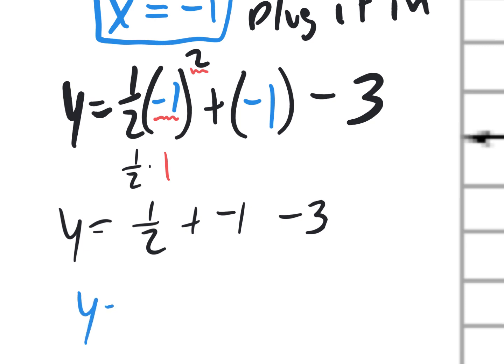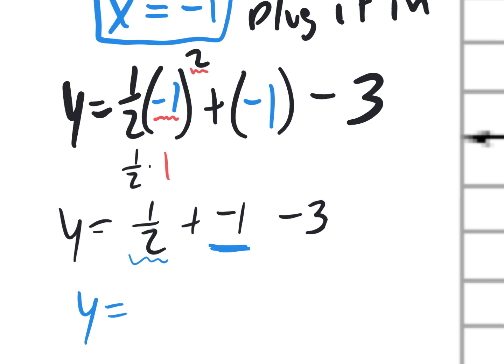So what does y equal? We have 1/2 plus a -1. What is that? 1/2 plus a -1 is negative 0.5, or you could say -1/2. Does that make sense? So that's like 50 cents, and you owe $1. You're going to owe 50 cents, right?